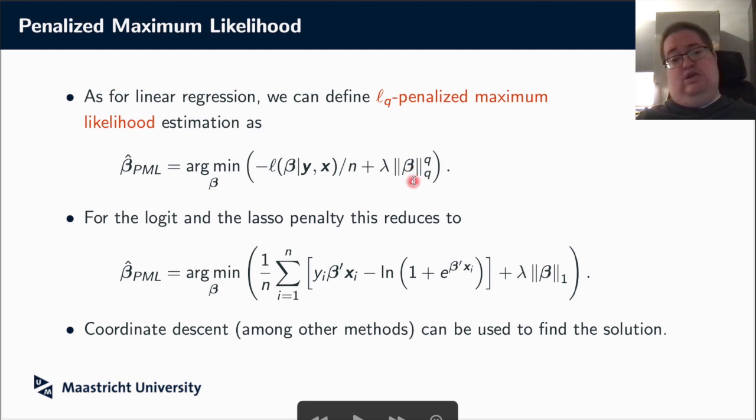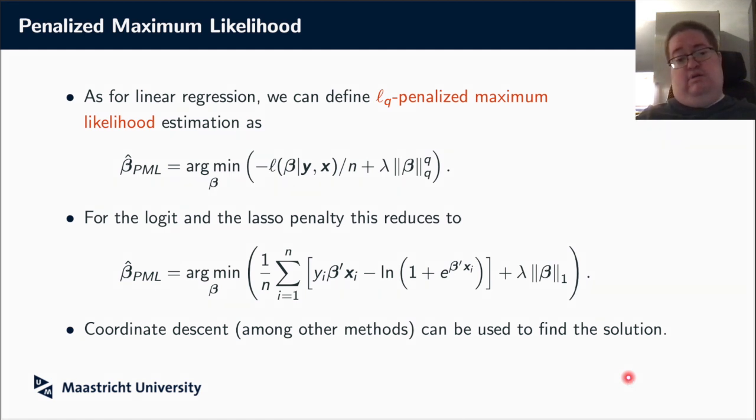So if you take q equals 1, the lasso, you just get the absolute value of the elements in beta. So take for instance logistic regression with the lasso penalty, you would look at this objective function that you want to minimize. And there's not that much new, because for many of these cases we can just use coordinate descent to find the solution.